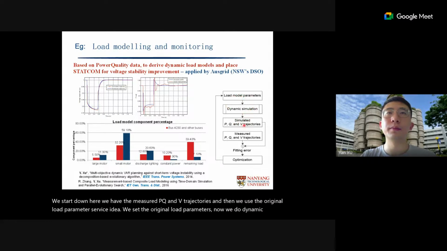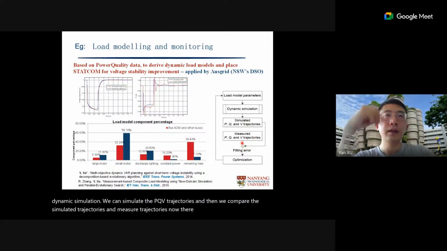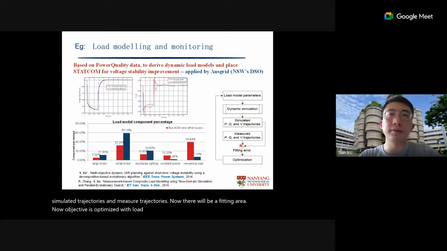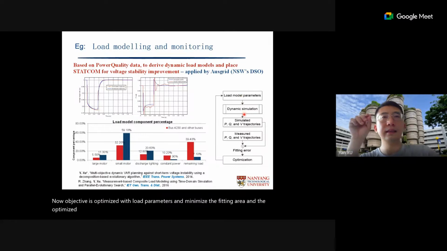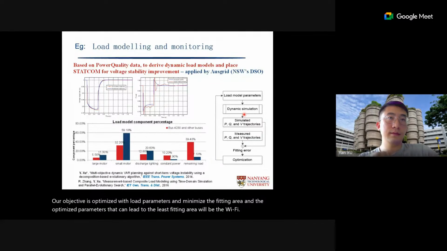We can simulate the PQ V trajectories. And then we compare the simulated trajectories and measured trajectories. Now there will be a fitting error. Now our objective is to optimize these load parameters to minimize the fitting error. And the optimized parameters that lead to the least fitting error will be the one of the parameter set. Okay.